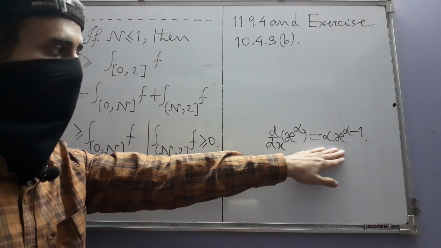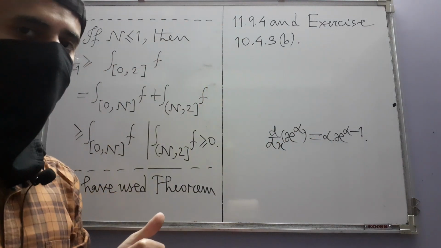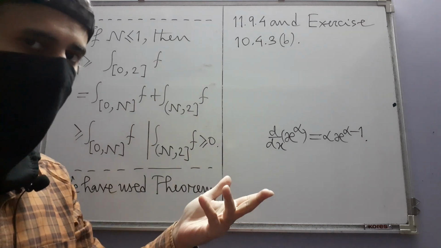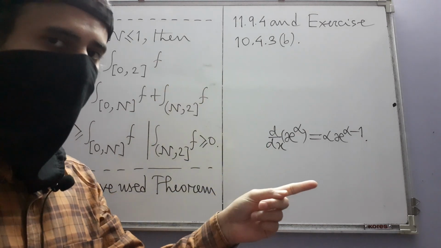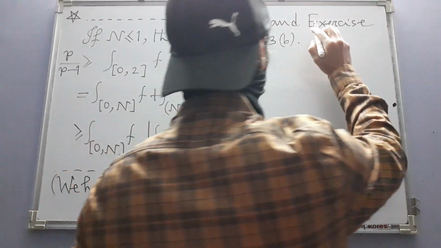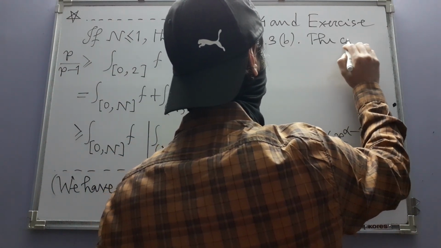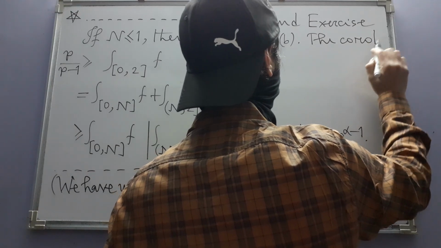And why do we need this? To ascertain that the antiderivative is that thing. Because it has to be differentiated to see that we get x to the power minus p, right? That is why. And also let's mention the corollary.